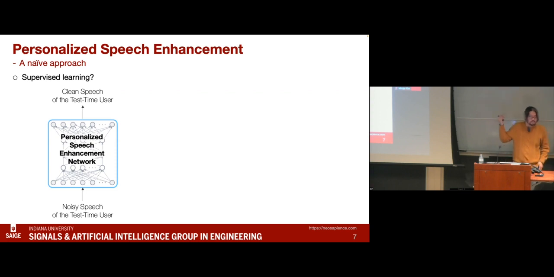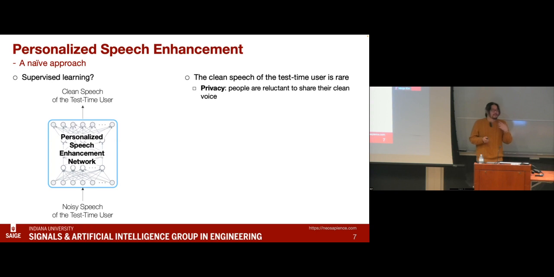He has a kid, so the kid is making some noise. So he has a particular kind of test time environment, and then you can train your model using this data set targeting his clean speech, which is a myth because the system doesn't have access to my clean speech unless I am willing to share my clean speech.